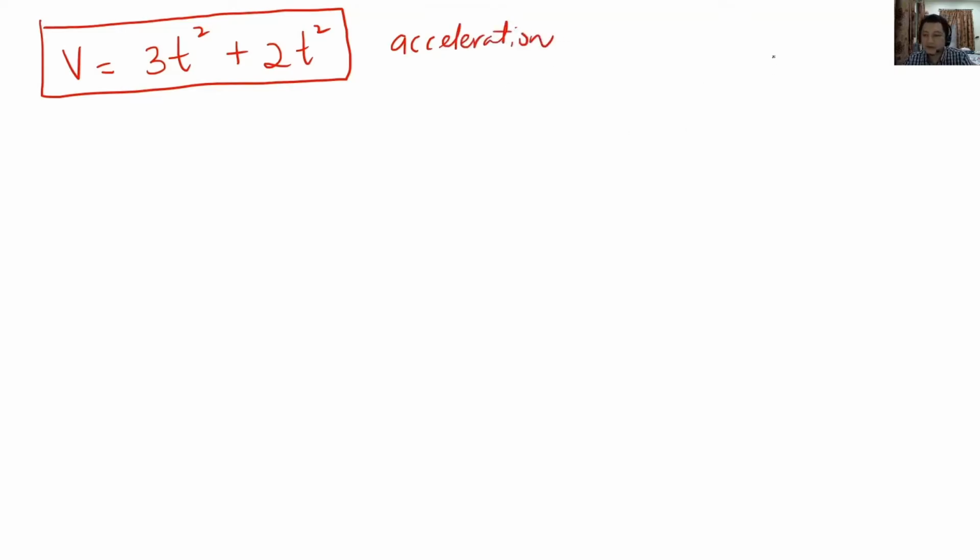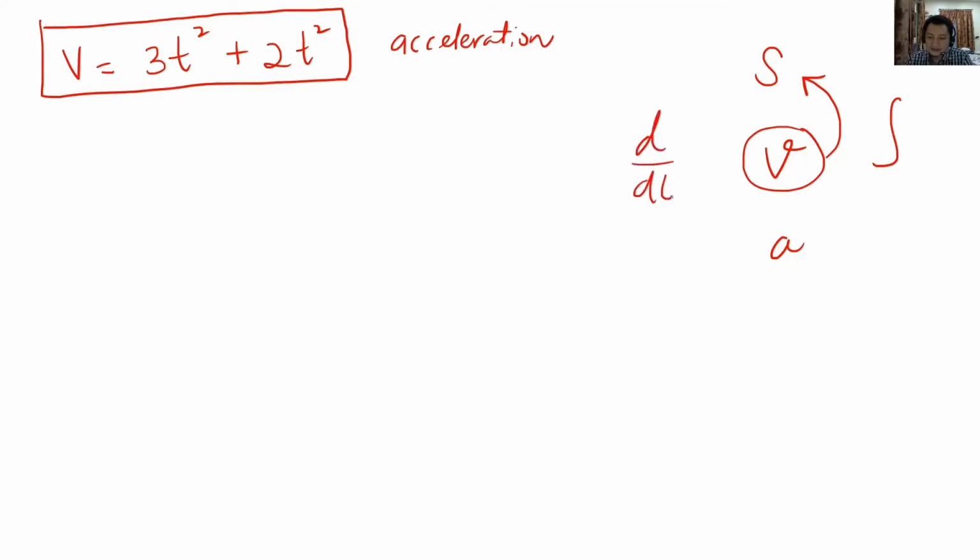If you don't remember, you can draw this one as S, V, A. Just now you were trying to find displacement, so you integrate. If it's this side, you have to differentiate. If you're trying to go here, you need to differentiate. So V is equal to this value, and you need to do dV over dt, differentiate.